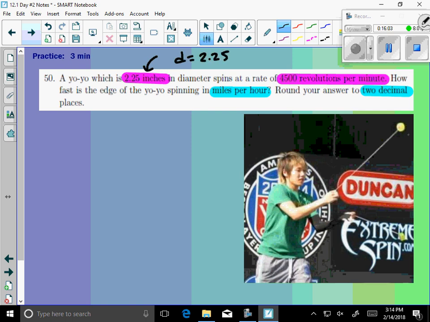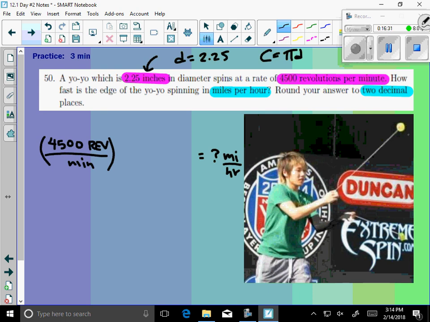So when we get to the point where we're using circumference, we're going to want to use pi d. Okay. We know that the yo-yo is spinning at 4,500 revolutions per minute. The end result that we want is some number of miles per hour. So we're going to have to do some dimensional analysis here.